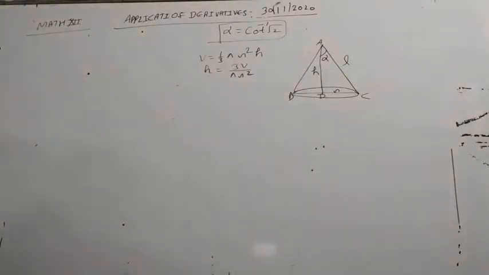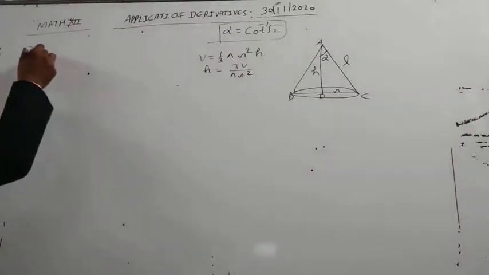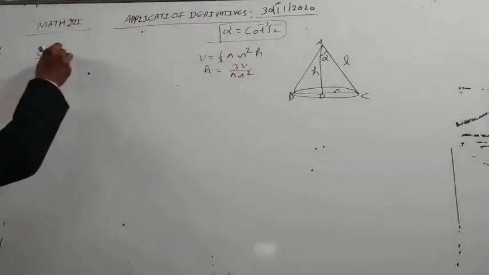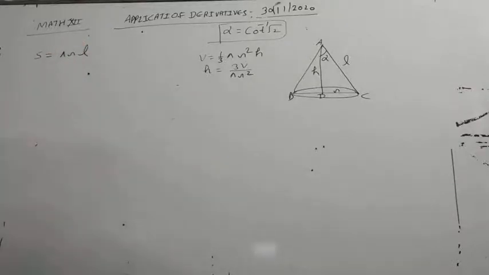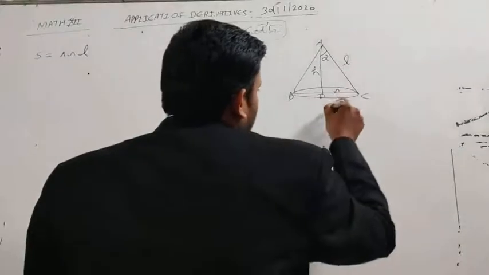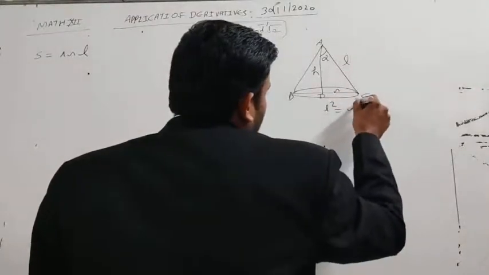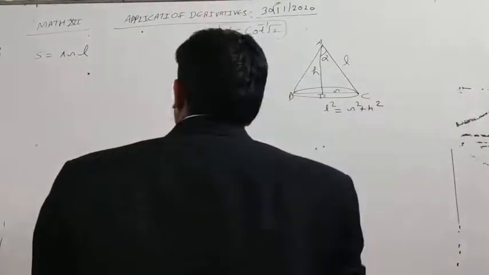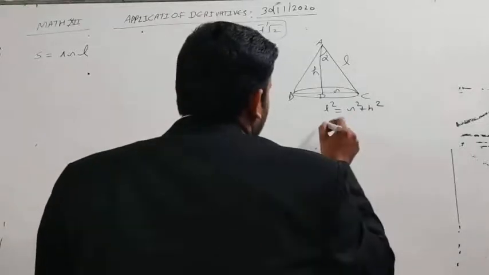And we have to minimize its curved surface area, which is S, which is pi r L, and you know that L square will be r square plus h square.